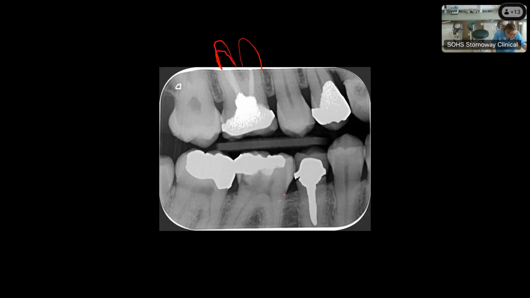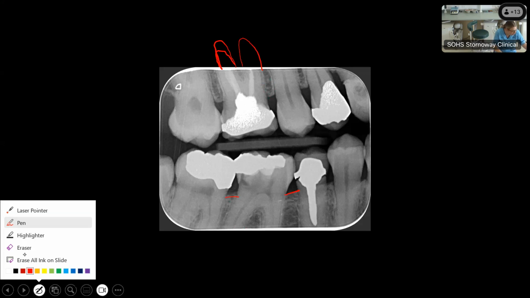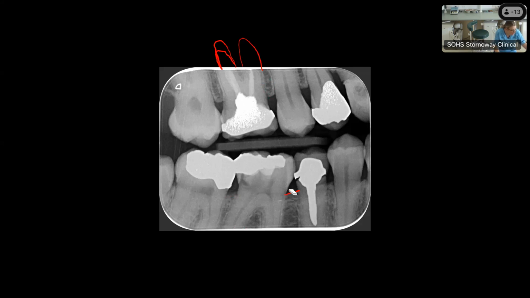See, that's very straight there and very straight there. And also you can see the lamina dura on the upper, but not on the lower. So I don't think it's true to say there's 0 bone loss. In which case, from a perio perspective, we're talking about stage 1. But there's definitely not a lot.